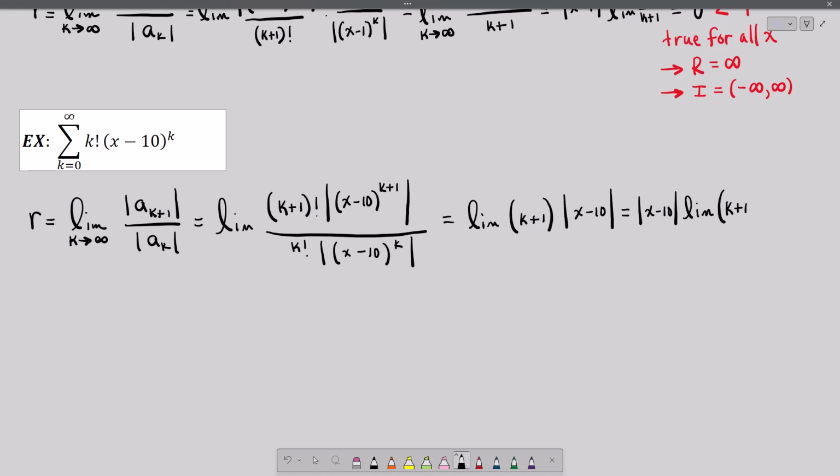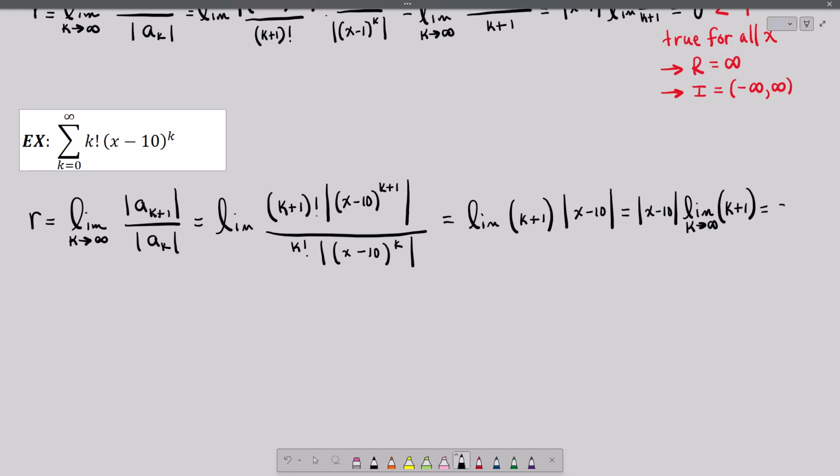And then we're taking the limit of k plus 1 as k goes to infinity. All right, so what's that limit equal to? That is going to be infinite.